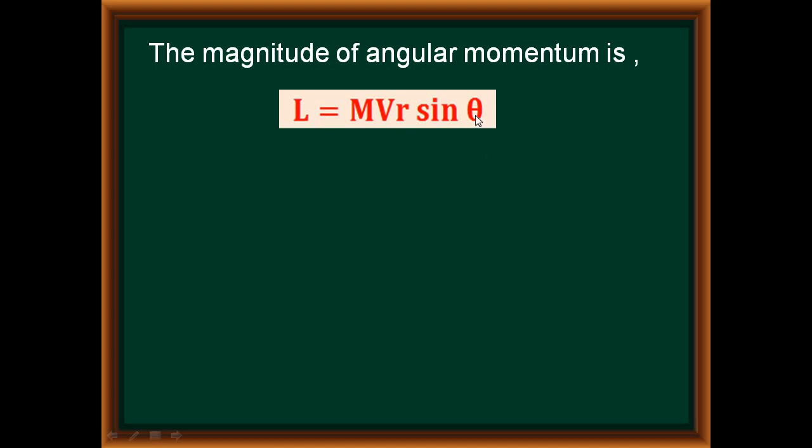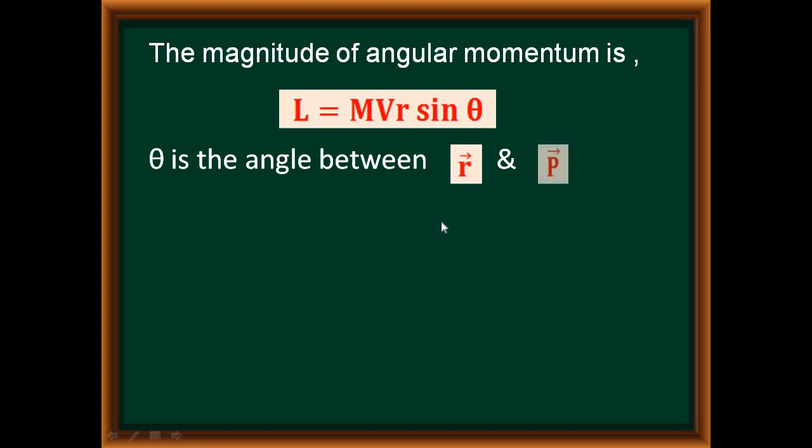If theta is 90 degrees, that is the angle between the radius vector and the linear velocity vector is 90 degrees, the equation can be modified as L equal to m into v into r. This will be the standard equation for the angular momentum, which is represented by the letter L.